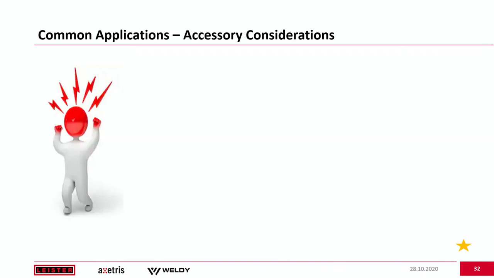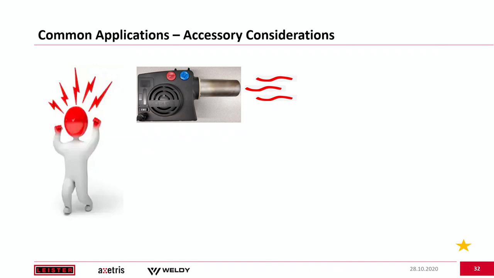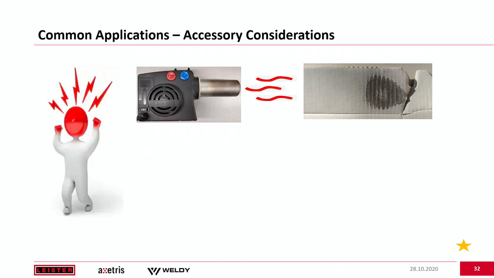What you saw in the video was not only the tool, but also a nozzle. And why is the accessory consideration important? Well, right out of the box, you have a very powerful tool. If you apply power to it and put energy right into your process or the material that you're testing, sometimes you get some undesired effects, such as scarring of the surface or damage to the material.